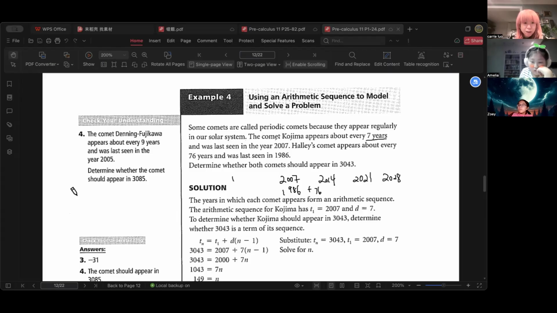Periodically they show up regularly in our solar system. So it's 2062. I'm going to see it again. By that time, I'm 82. Get it? So I'm very lucky I get to see Halley's 2 times.